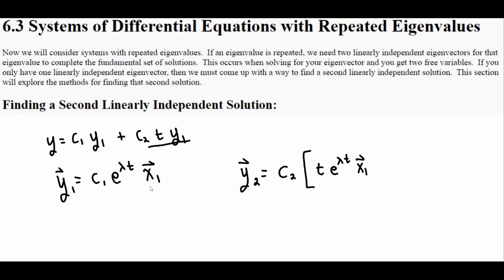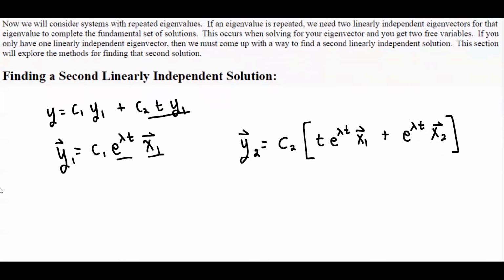So that's this same eigenvalue, eigenvector solution, plus e to the lambda t x2, and x2 has to be solved for.